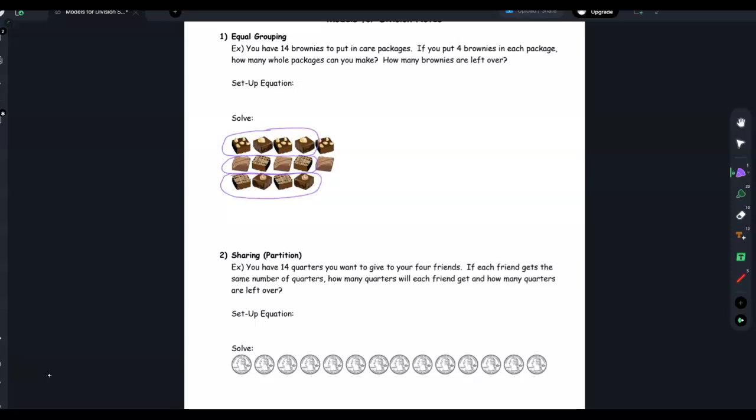So if you know how to make your groups before you find your answer, if we know how many go in each group and we're actually able to draw those groups, then that would tell me it's an equal grouping problem. In this case, I can see that the answer, even before I've done the setup equation, is that I can make 3 whole packages.